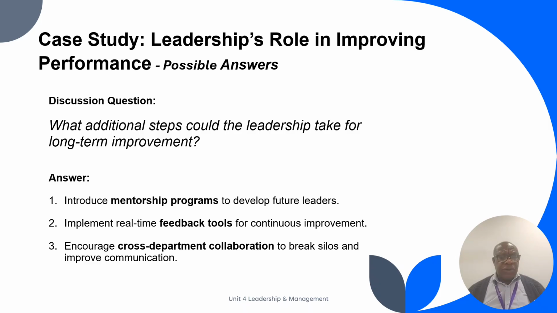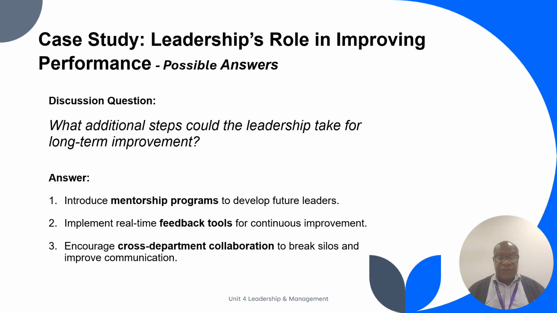Then lastly, you encourage cross-department collaboration to break silos and improve communication. Very important, not only cross-departmental collaboration, it can also be in-house, functional departments. So sections and departments can develop collaboration, and the communication should be improved by having some sort of developmental training. That will break silos.